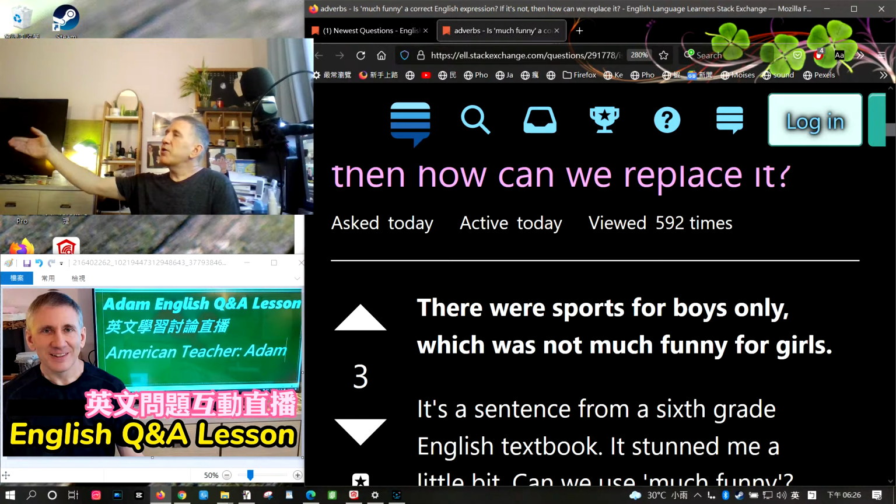Shall can also be used to make offers, but it can be used in a very formal way in place of will. Oh, okay. There you go. So to answer your question, Ben, you can use shall refer to. It's very formal. Perhaps if you're in a formal setting, like a meeting with the boss, you might want to use shall refer to rather than will refer to. But either one is okay.